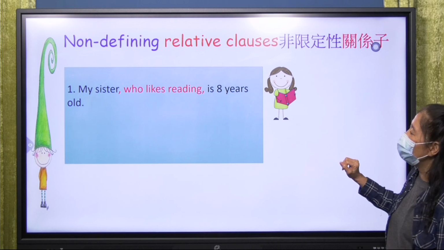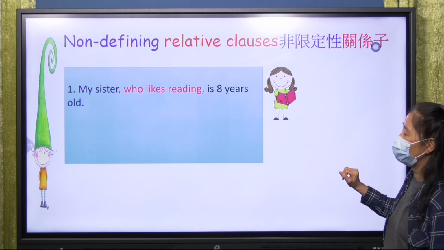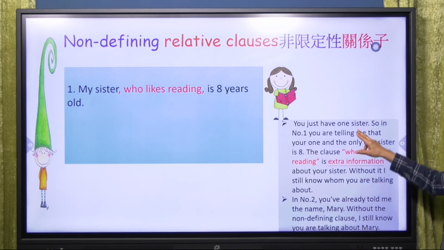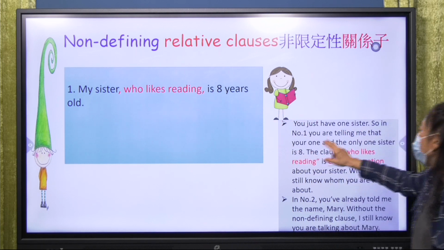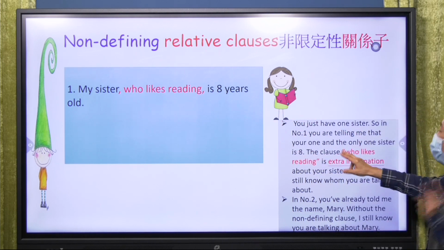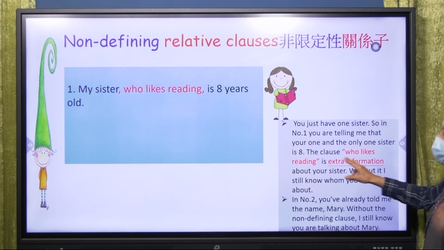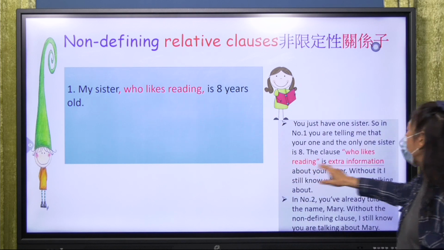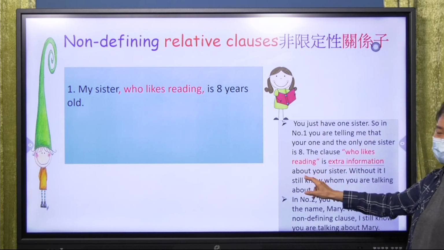My sister, who likes reading, is 80 years old. Okay. Now in this case, you have just one sister only. So in number one, in this sentence, you are telling me that your one and only sister is 80 years old. And this relative clause, we call a non-defining relative clause.